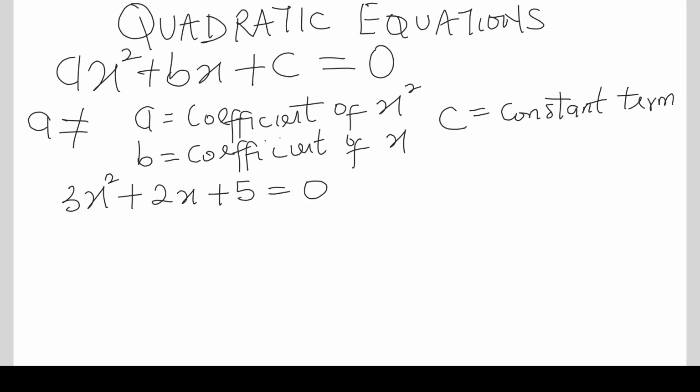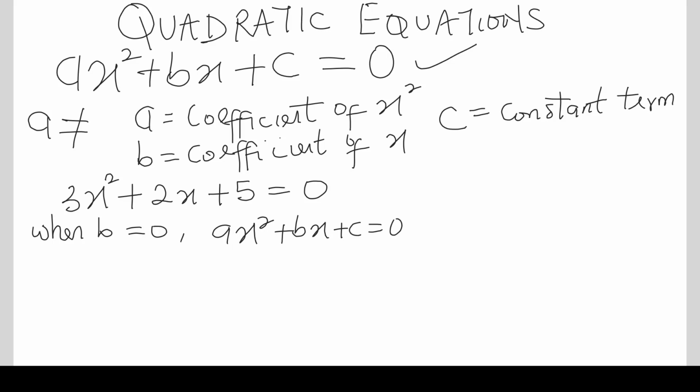Now, in a situation where b is 0, this general form of a quadratic equation, ax squared plus bx plus c equal to 0, becomes ax squared plus c equal to 0.